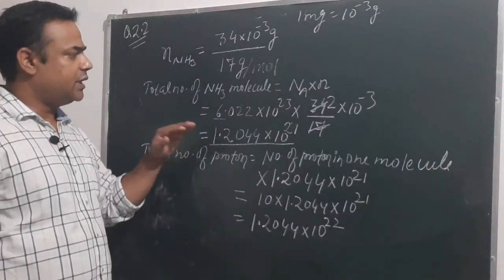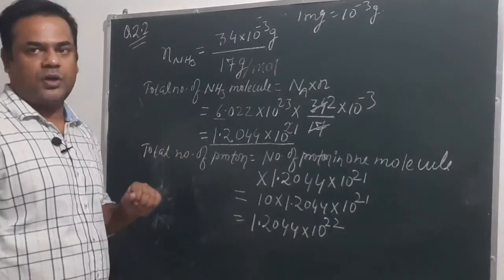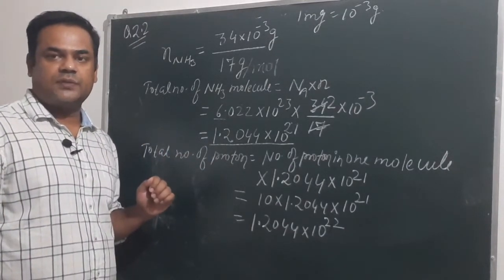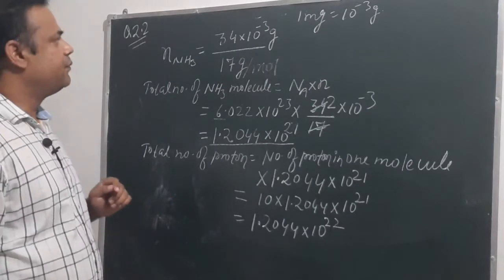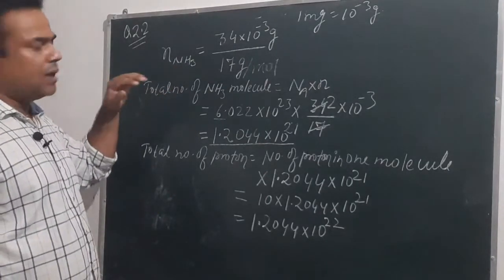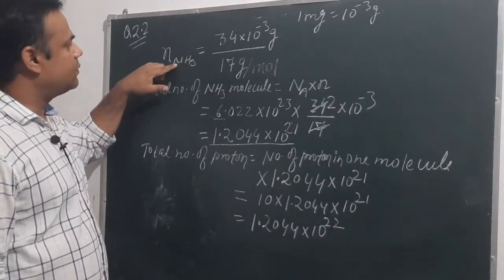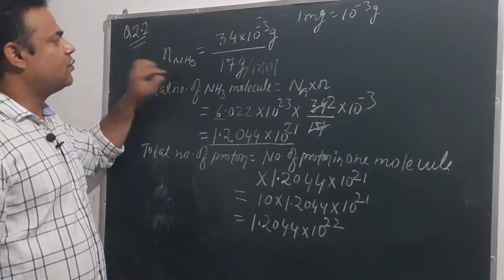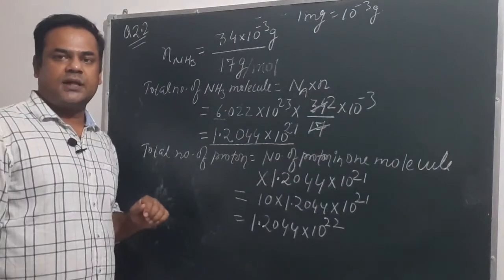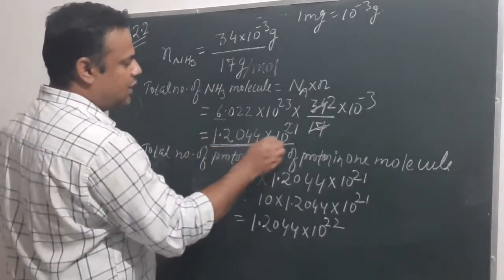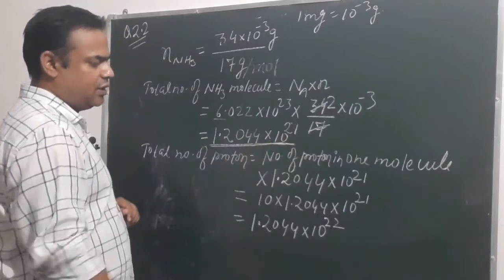Now we have to calculate how many protons are there in these molecules. To calculate this, first we have to calculate how many protons are present in one molecule of ammonia. If we see, ammonia contains nitrogen and hydrogen. Atomic number of nitrogen is 7, and with three hydrogens it will be 10. So one molecule of ammonia contains 10 electrons and 10 protons.